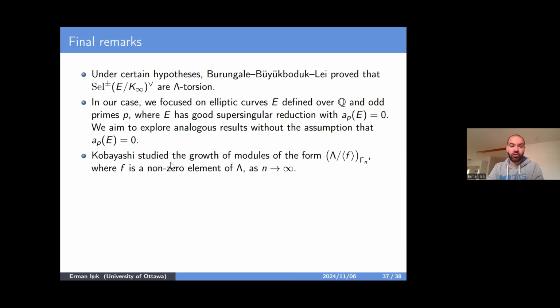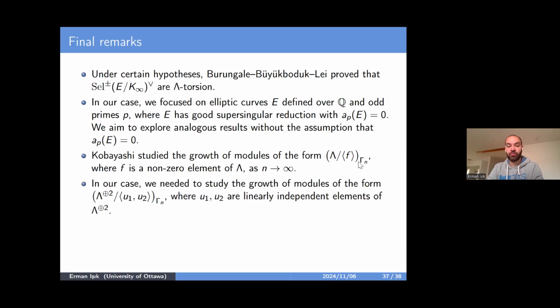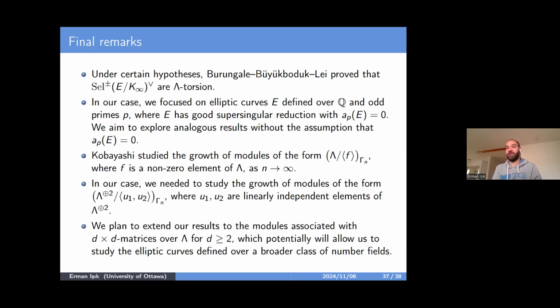Also, as I mentioned, Kobayashi studied growth of modules of this form, but in our case, we encountered modules of this form. Of course, the natural question is, can you find the Kobayashi rank of modules arising from d by d matrices? And this is going to be the other project that we are going to focus on.